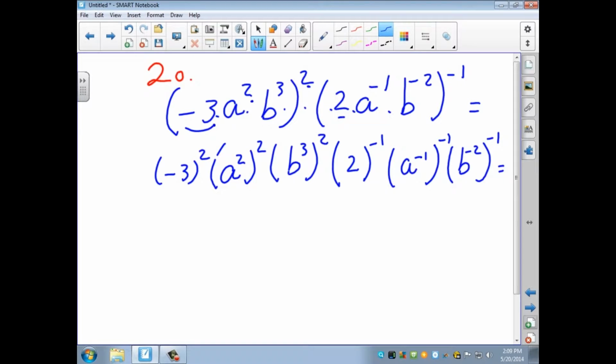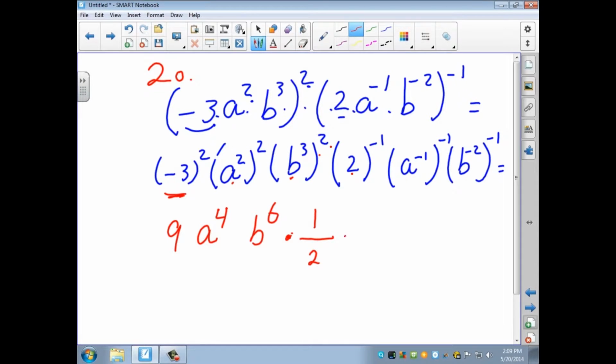So first, minus 3 to the second power would be 9. Then a to the second to the second would be a to the fourth. B to the third to the second would be b to the sixth. 2 to the minus 1 would actually be 1/2, since the power is negative, I bring it down below.